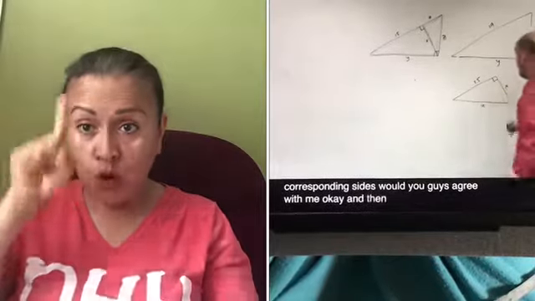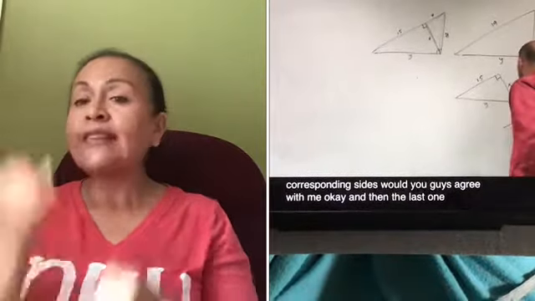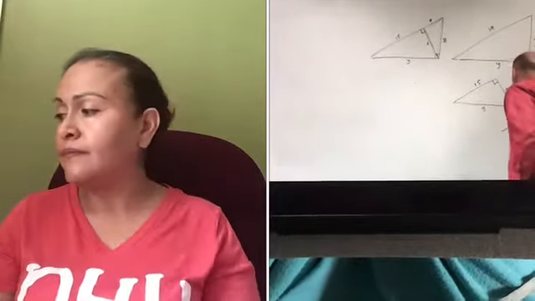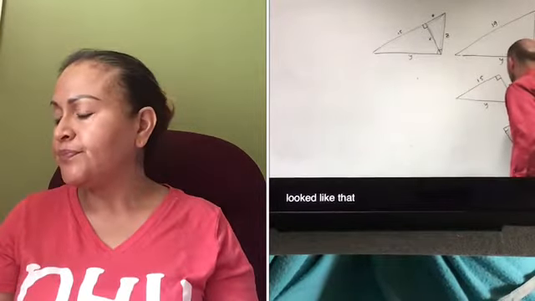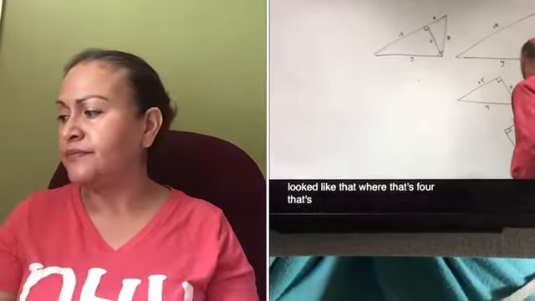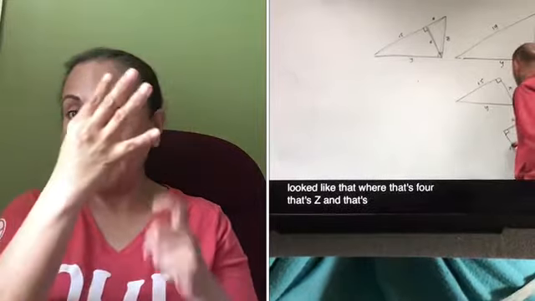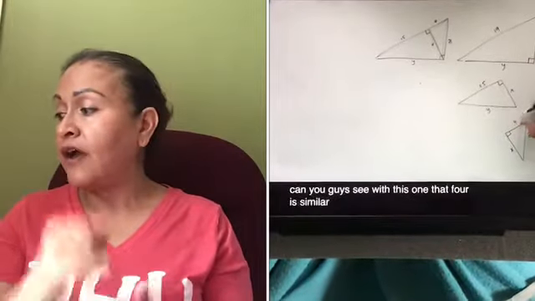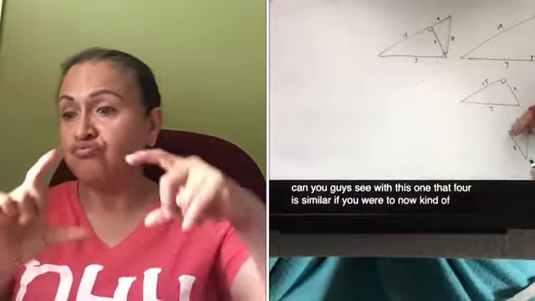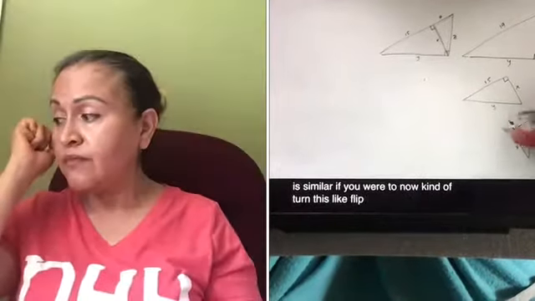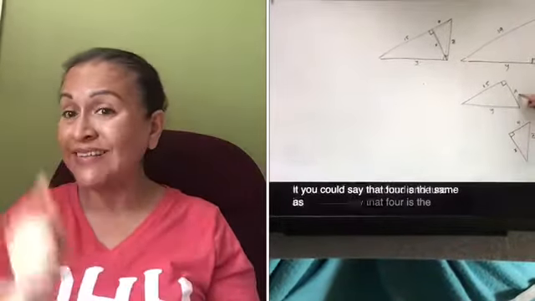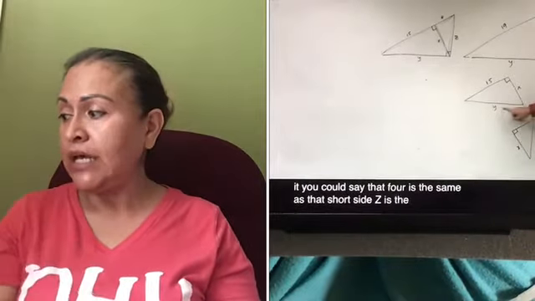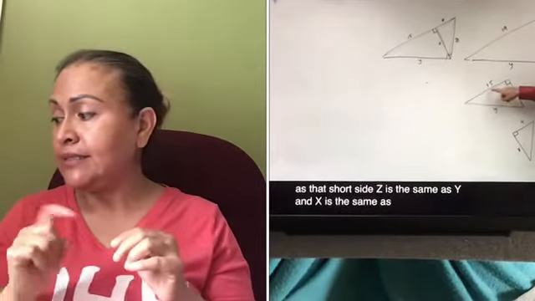And then the last one looked like that, where that's 4, that's Z, and that's X. All right, so now can you guys see with this one, that 4 is similar? If you were to flip it around and turn it, you could say that 4 is the same as that short side, Z is the same as Y, and X is the same as 15. Would you guys agree with me?